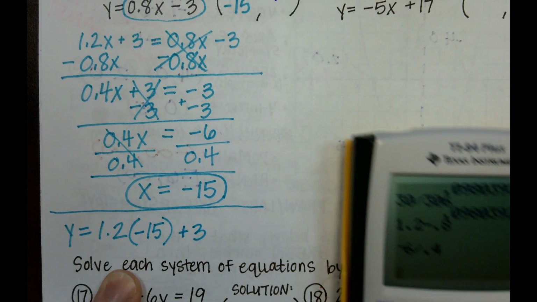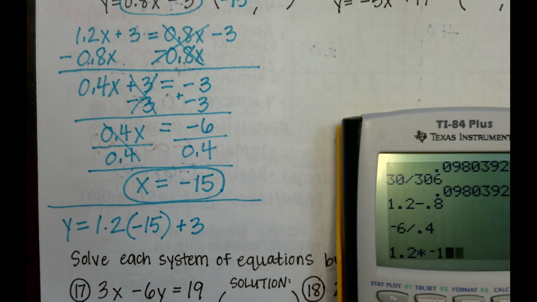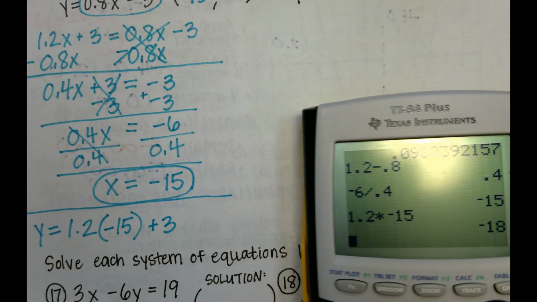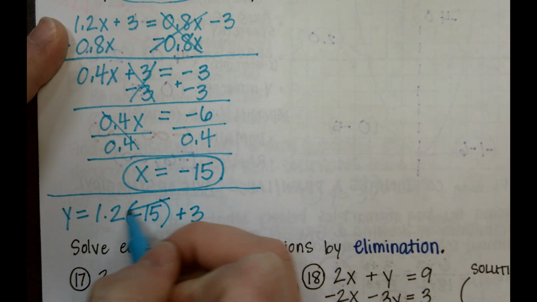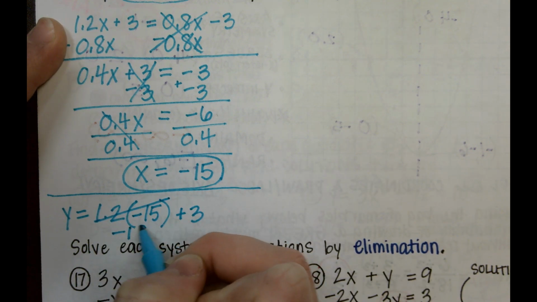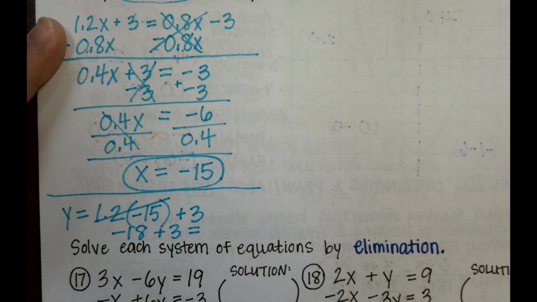Okay, so let's see, 1.2 times negative 15. Yep, negative 18. So I got negative 18 plus 3 equals negative 15.